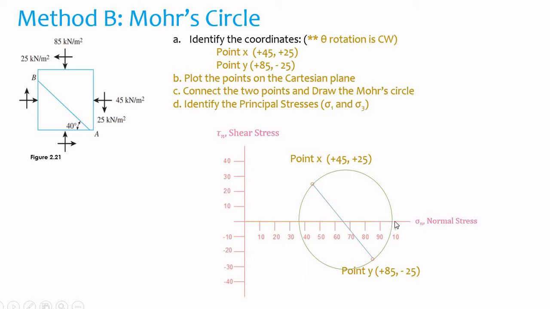We know that this is the maximum or major principal stress, and the intersection of the circle with the normal axis at this point is the minimum or minor principal stress. So we simply read the values. This is 97.016, and sigma 3 is 32.984.